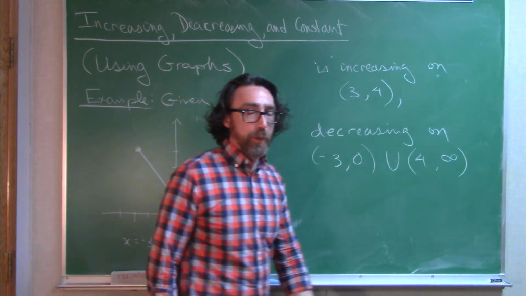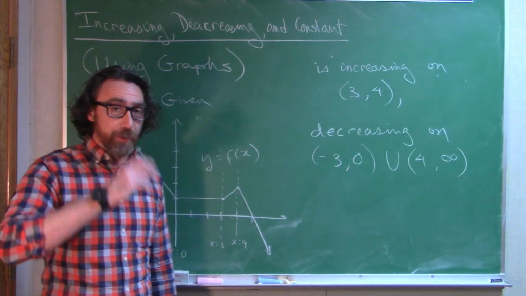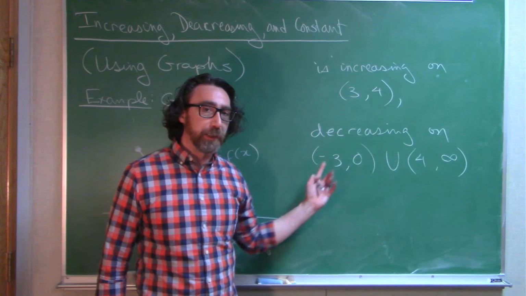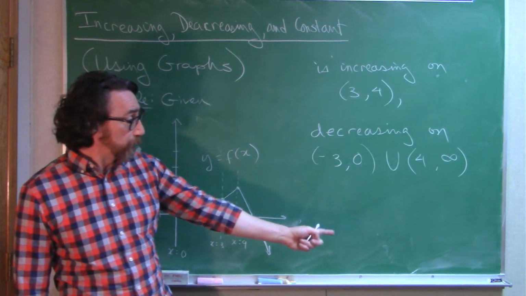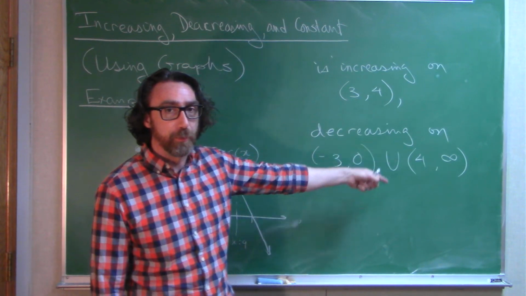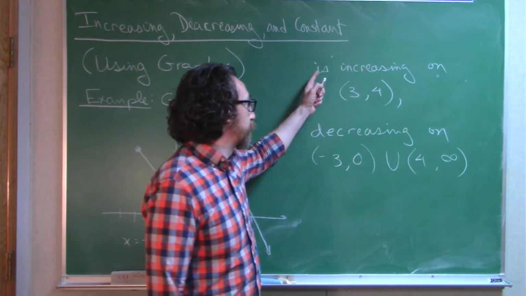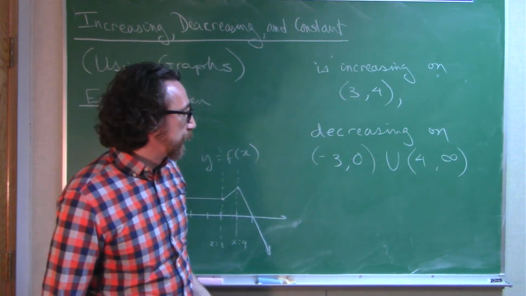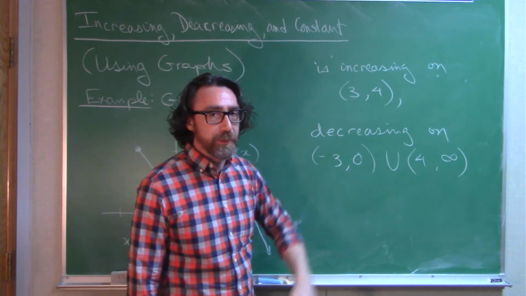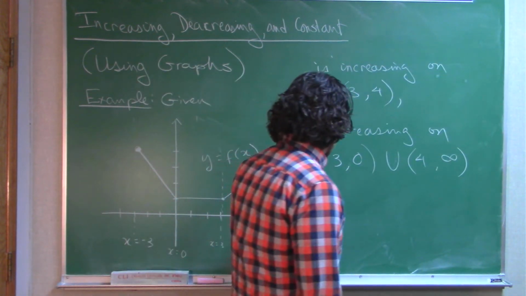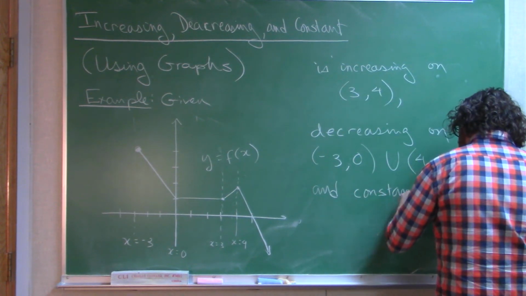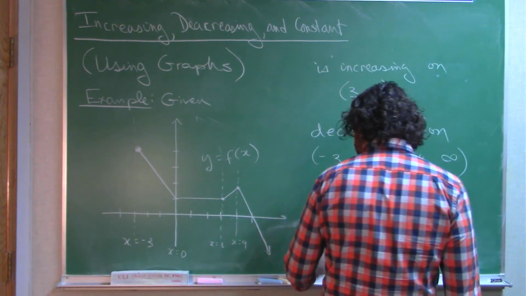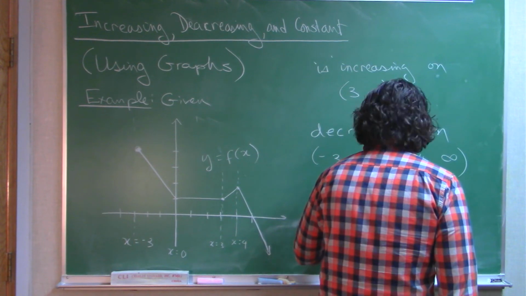Since we want to consider both of these together, we are going to union the two intervals. The union symbol looks like a U. So the function is increasing on this interval, decreasing on the union of these two intervals, and constant on this interval.